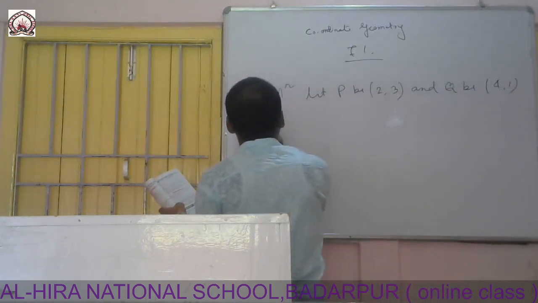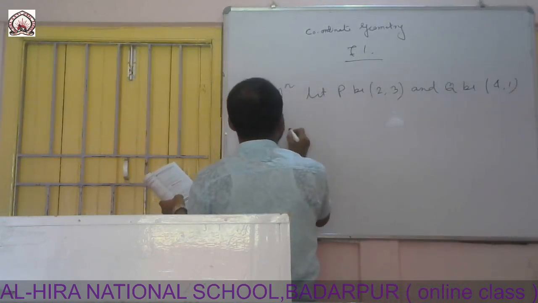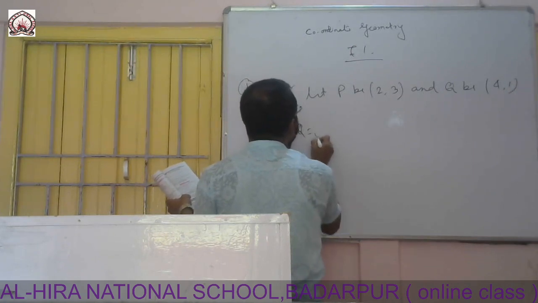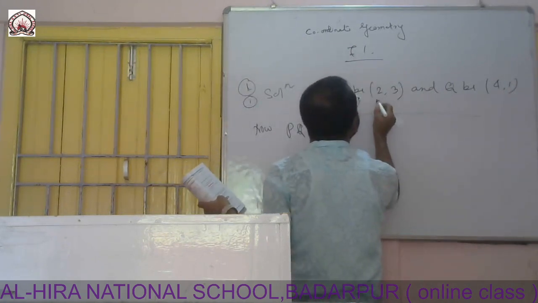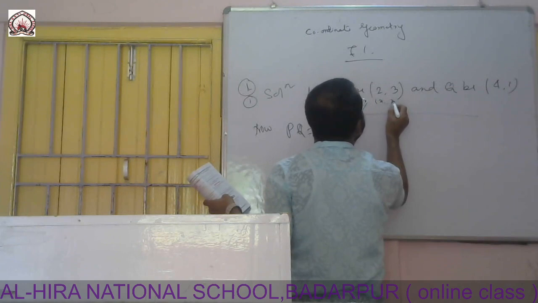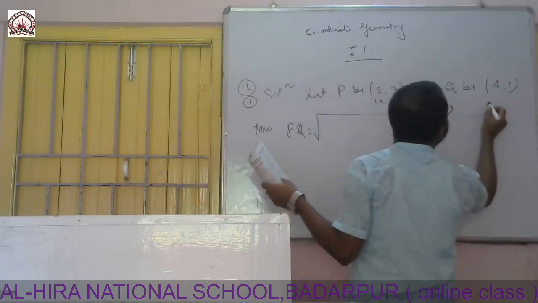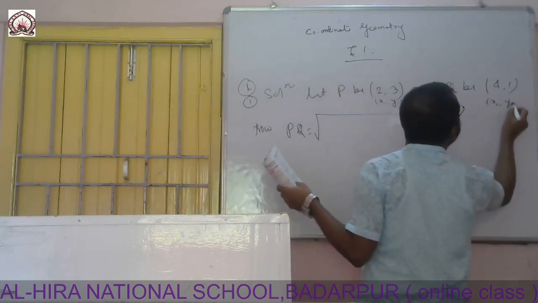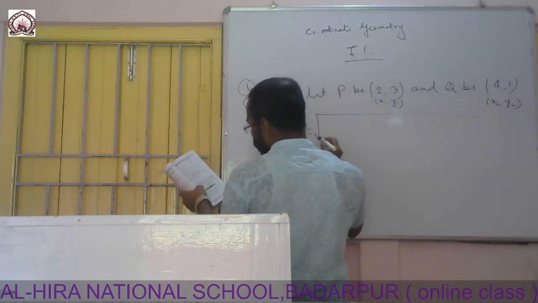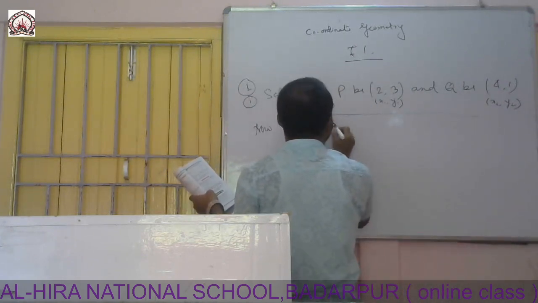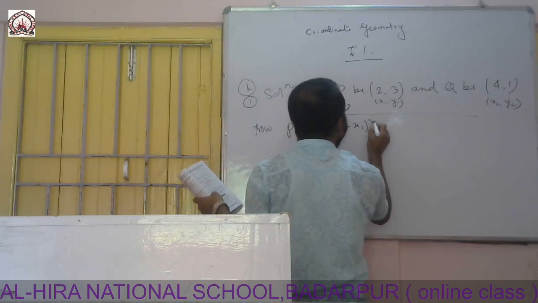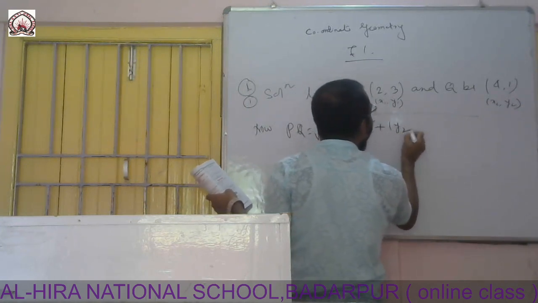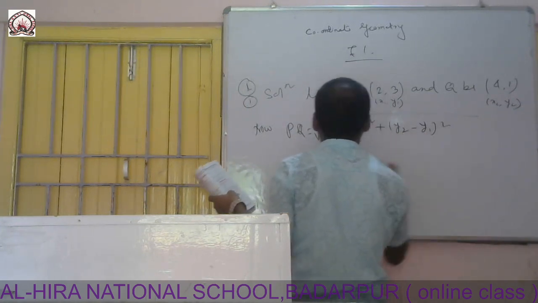Now by the distance formula PQ will be root over, this one is x1, this one is y1, this one is x2, this one is y2. So root over x2 minus x1 whole square plus y2 minus y1 whole square.